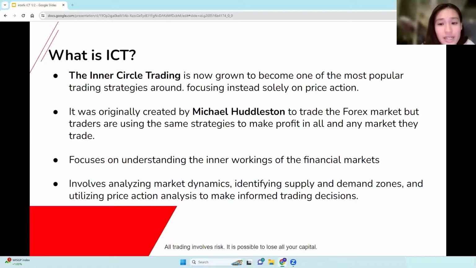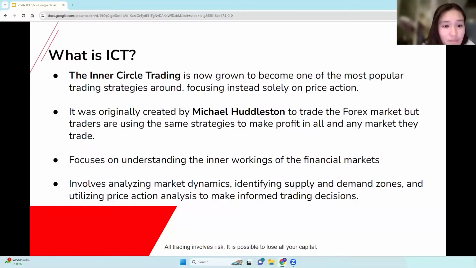So it involves analyzing market dynamics, identifying supply and demand zones, and utilizing price action analysis to make informed trading decisions. It has now grown to become one of the most popular trading strategies around, focusing solely on price action. It was originally created by Michael Huddleston to trade the Forex market, but currently traders are using the same strategies to make profit in all and any market that they trade.